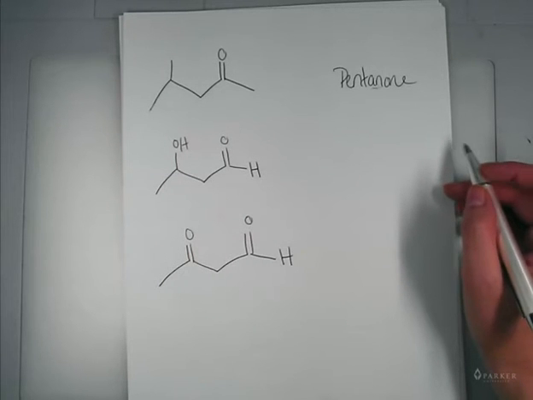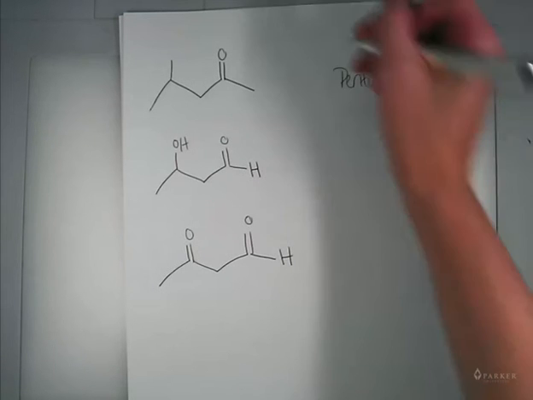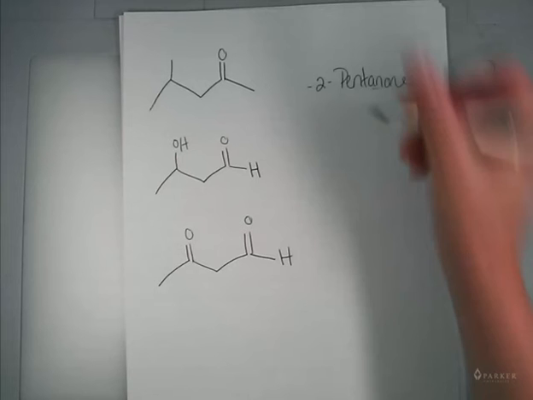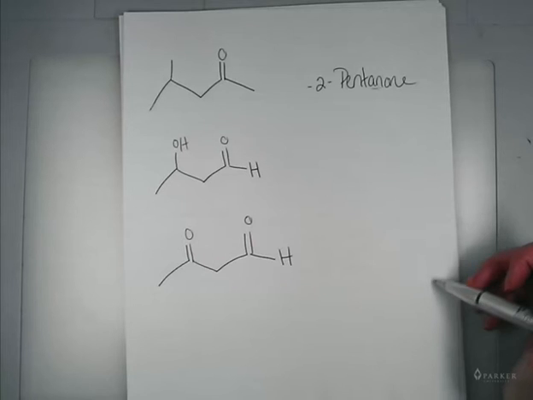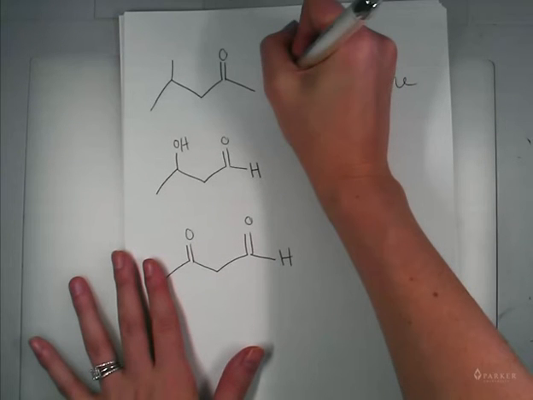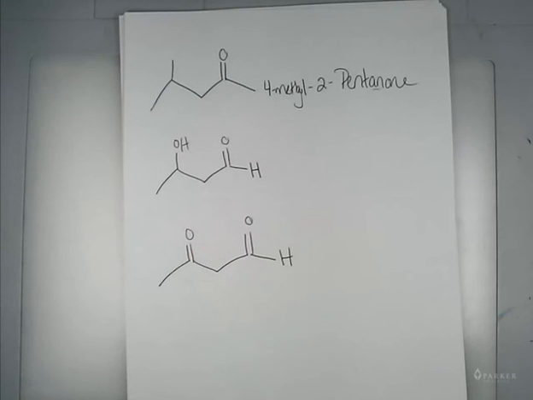Where is our ketone? Carbon 2. Any other branches? Methyl, and that's on carbon 4. So 4-methyl-2-pentanone.